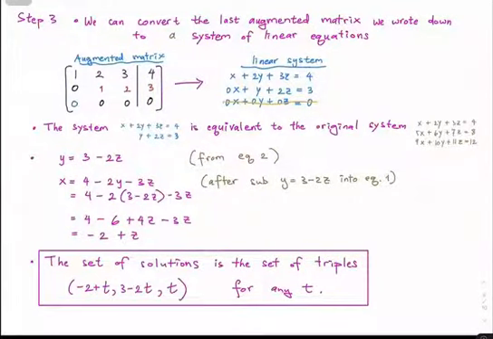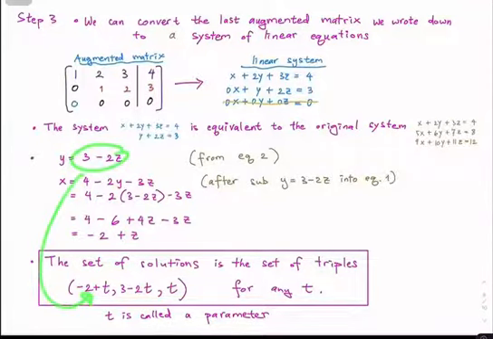Now I can conclude that the set of solutions of this original system is the set of triples that can be written in this form for any t. So here, t is called a parameter. By the way, I have replaced the z here with t, and here is x, and here is z.